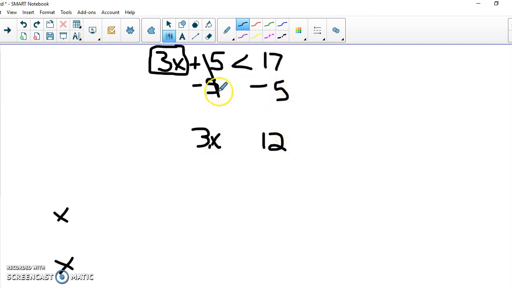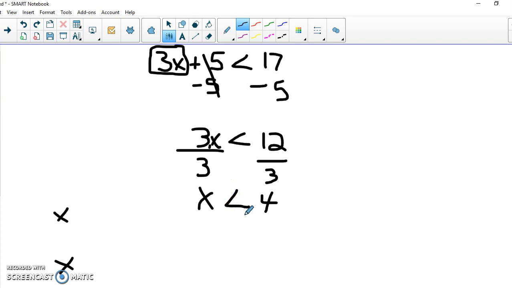I did not multiply or divide by a negative number, so my sign stays the same. Now 3x, let's get rid of the 3 by dividing by 3 on both sides. Now x is by itself. 12 divided by 3 is 4. I did not multiply or divide by a negative number, so x is less than 4.